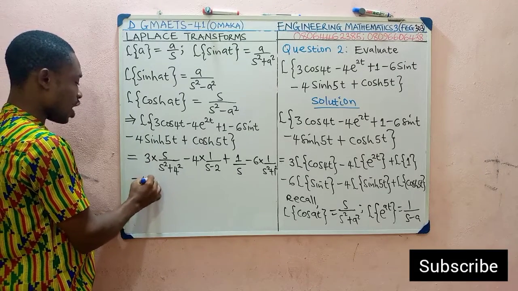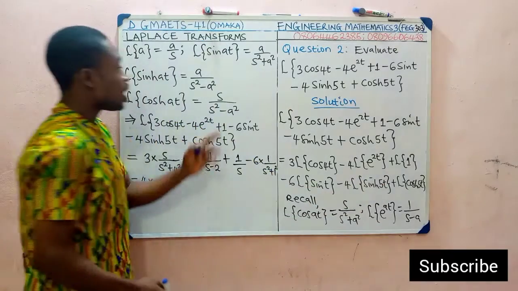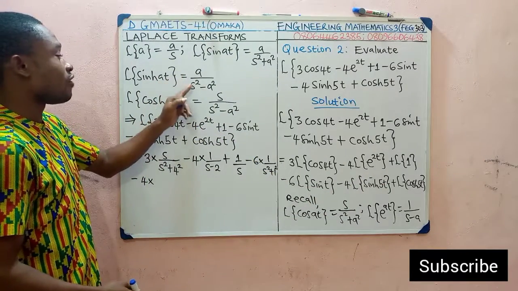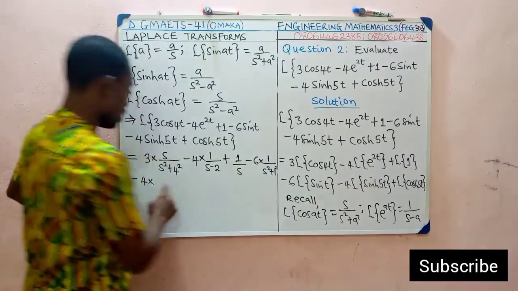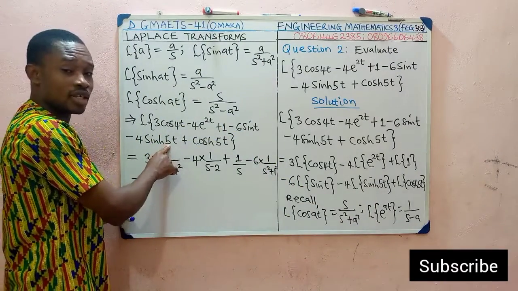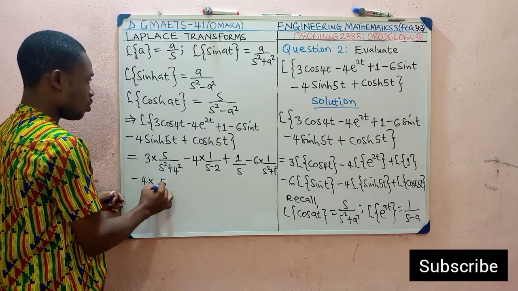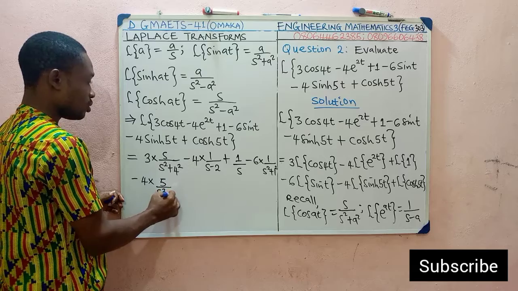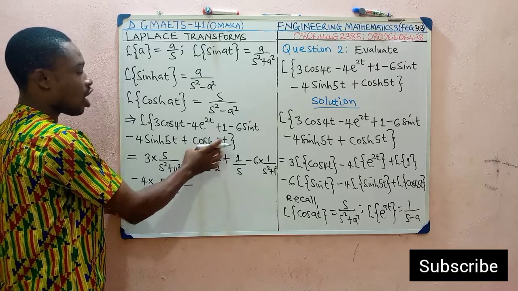Minus 4 times the Laplace transform of sinh 5t. The standard Laplace transform of sinh is a over s squared minus a squared. Our a is 5. So it's going to be 5 all over s squared minus 5 squared. Then lastly, that of cosh.